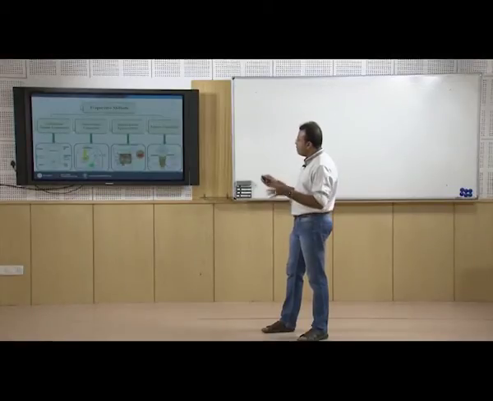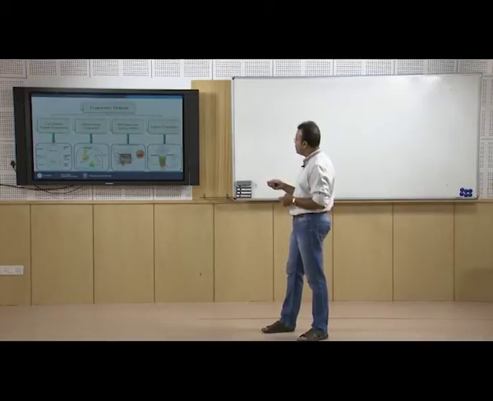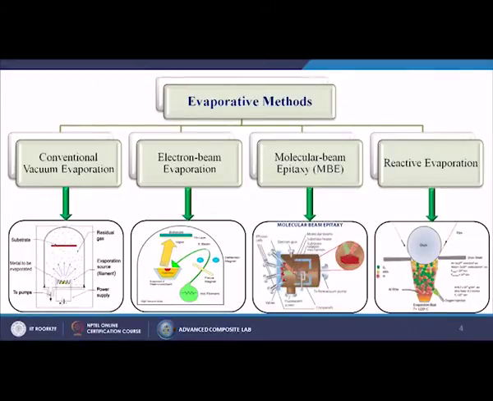From this table we can see that there are several types of evaporative methods available. One is the conventional vacuum evaporation method, next is the electron beam evaporation method, then molecular beam epitaxy, and the last one is the reactive evaporation method. For glow discharge processes, there are several types available nowadays: diode sputtering, reactive sputtering, bias sputtering, magnetron sputtering, ion beam deposition, ion beam sputter deposition, and reactive ion plating.